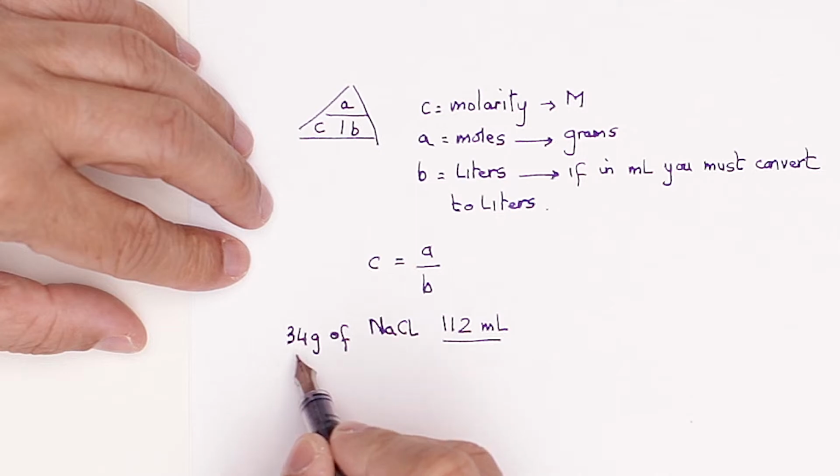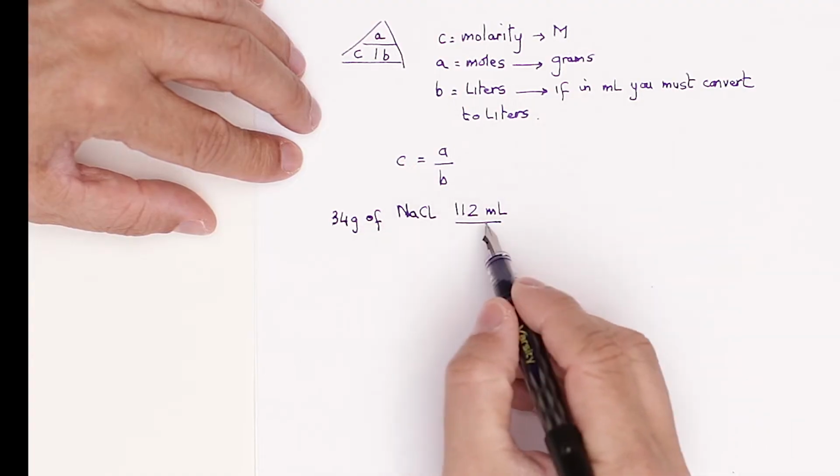In that 112 milliliters, you dump 34 grams. Keep in mind, the 112 is the final volume of the solution. That's very important to remember. You're not adding 112 milliliters of water in this case. You're just making sure you make up a total of 112. So the amount of water you actually add is going to be less than the 112.